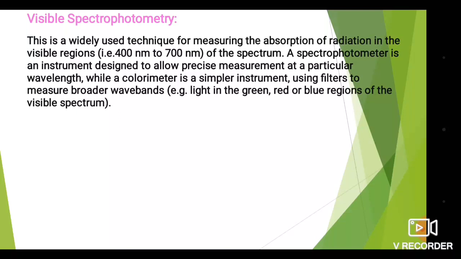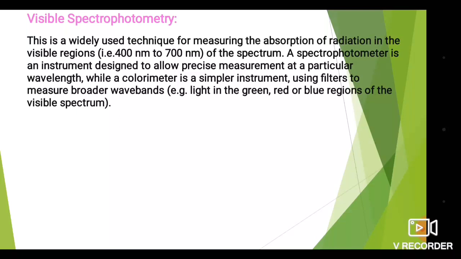A spectrophotometer is an instrument designed to allow a precise measurement at a particular wavelength. With the help of this instrument we measure the absorbance in the visible region. That precise measurement of the absorbed radiation is done with the help of an instrument known as a spectrophotometer.